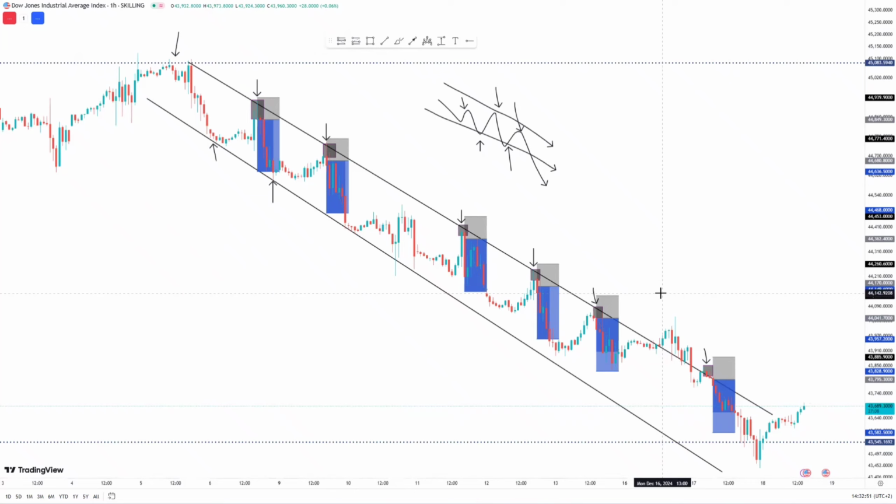But the key is, if price gives us a reaction on our diagonal resistance and trades below or inside our channel, that's when you can capitalize. If not, wait for confirmation. But if price gives us a tap and a reaction and still trades below or inside our channel, then you still can be comfortable to take those executions.